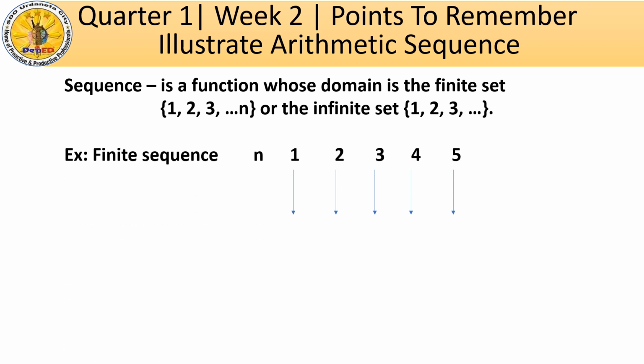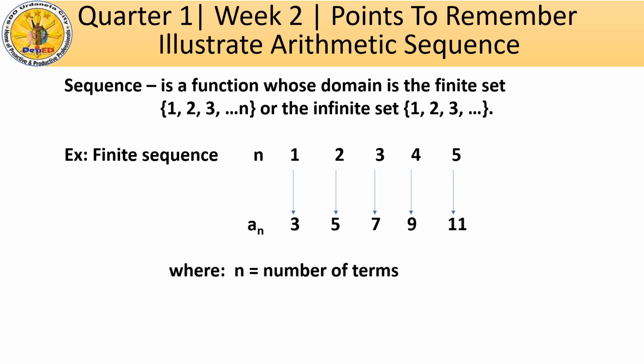An example of a finite sequence is 3, 5, 7, 9, 11, where n here is the number of terms and a sub n is the nth term of a sequence.